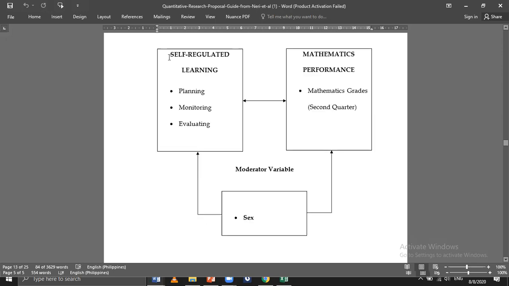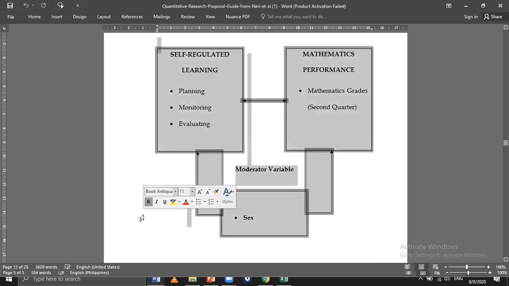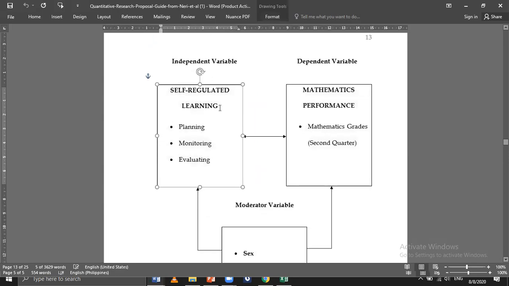So based on this, you can already know all the concepts that you included in your theoretical and conceptual framework. It says that you wanted to study self-regulated learning and mathematics performance. And self-regulated learning can be measured through planning, monitoring, and evaluating. And you can measure the mathematics performance through mathematics grade.